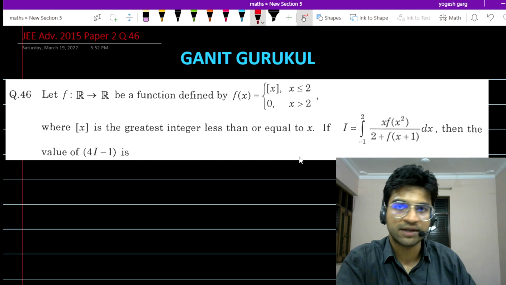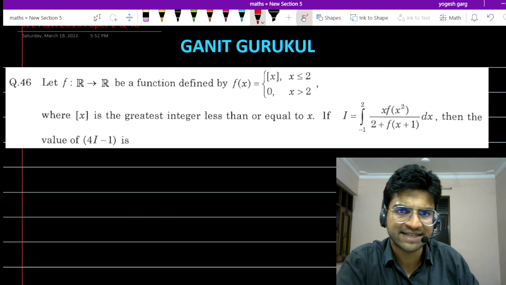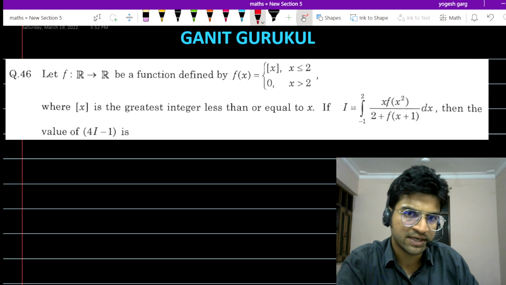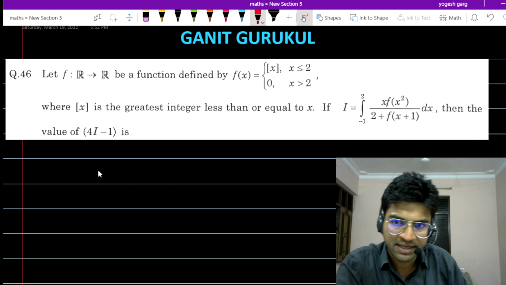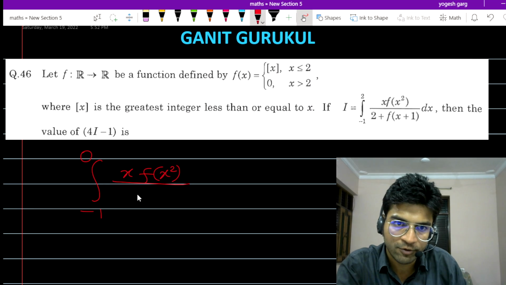Now how to break it? We know they are clearly saying x is less than or equal to 2, then it is greatest integer of x. So break it in this particular manner. Minus 1 to 0, and then it is x f(x) square upon 2 plus f(x) plus 1.